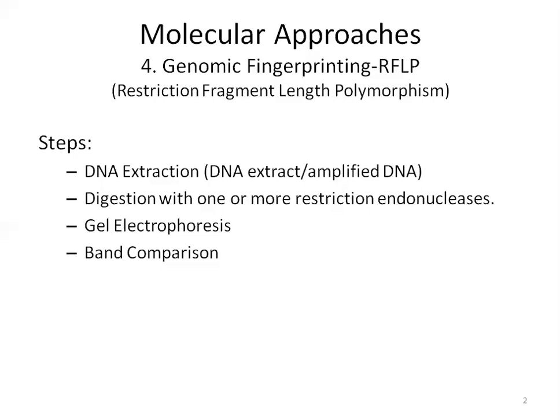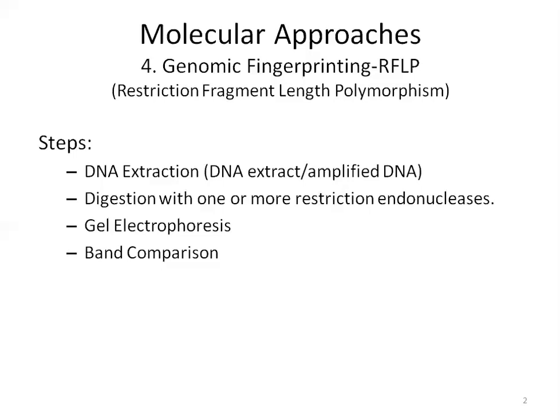Here you can see different steps that are involved in this technique. The first step is the DNA extraction. You can also use amplified DNA, that is, using the thermal cycler to amplify the extracted DNA. So you have two options. You can directly use the extracted DNA, which can be extracted using different techniques.